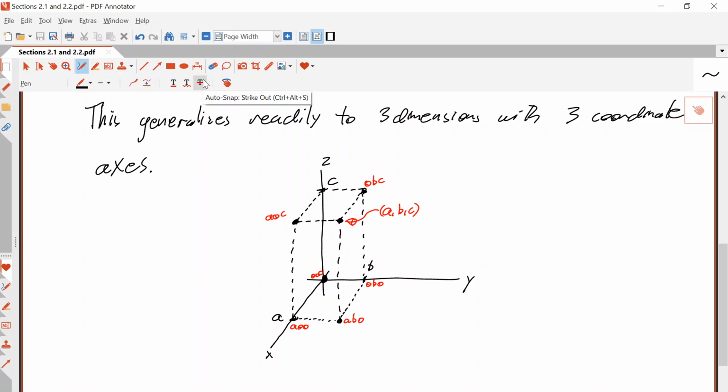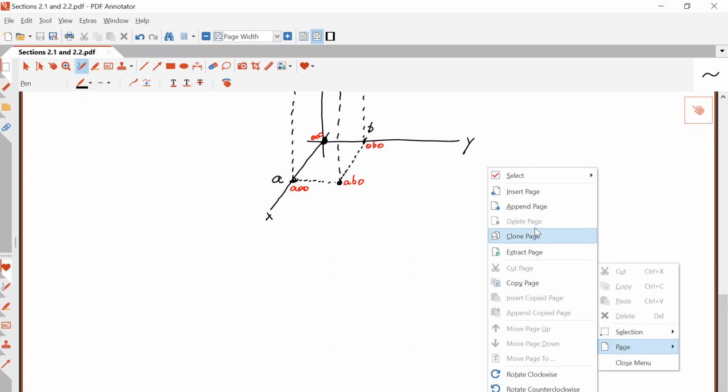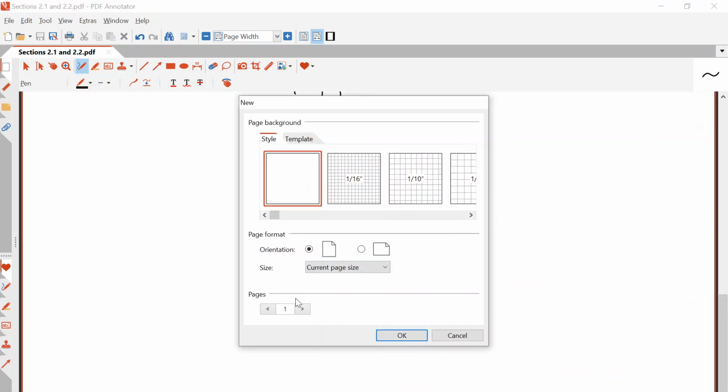Now, so those are the coordinate systems. Now, some special lines and planes, lines in 2 dimensions and planes in 3 dimensions, are as follows.